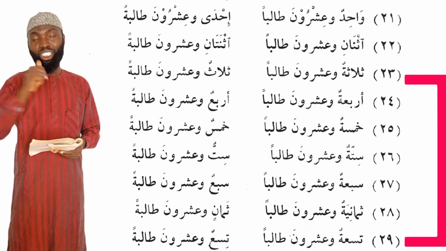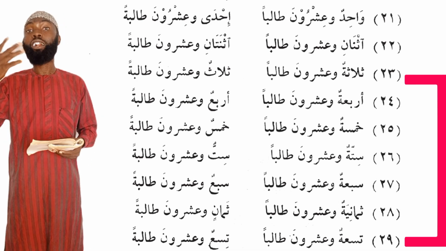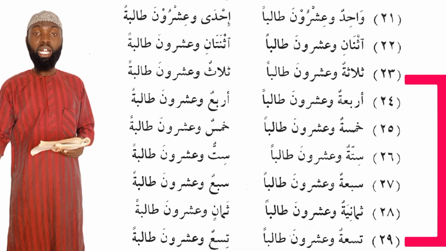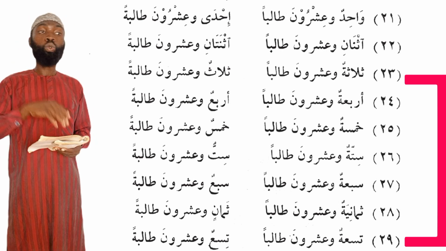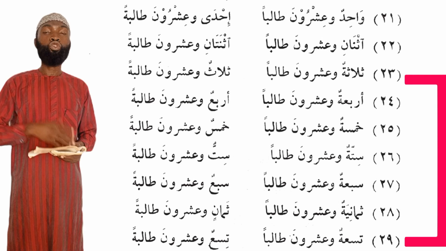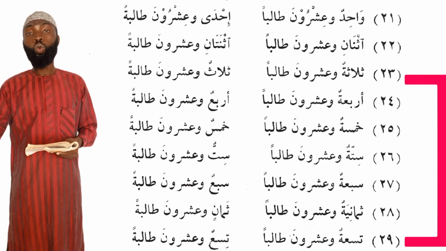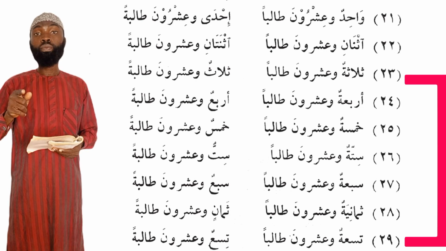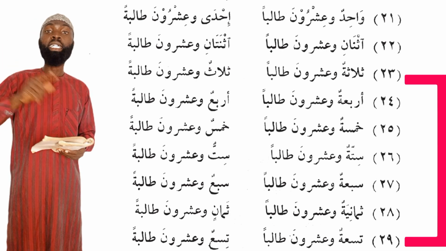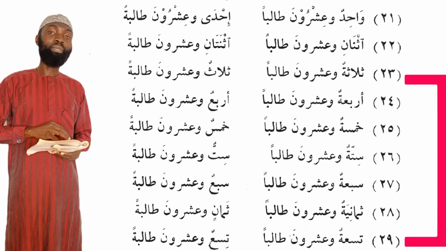Do you understand? MashaAllah. For 24, you have arba'atun wa ishuruna taliban, male. Then arba'un wa ishuruna talibatan, female. 25, khamsatun wa ishuruna taliban. Khamsun wa ishuruna talibatan. Sittatun wa ishuruna taliban. Sittun wa ishuruna talibatan.